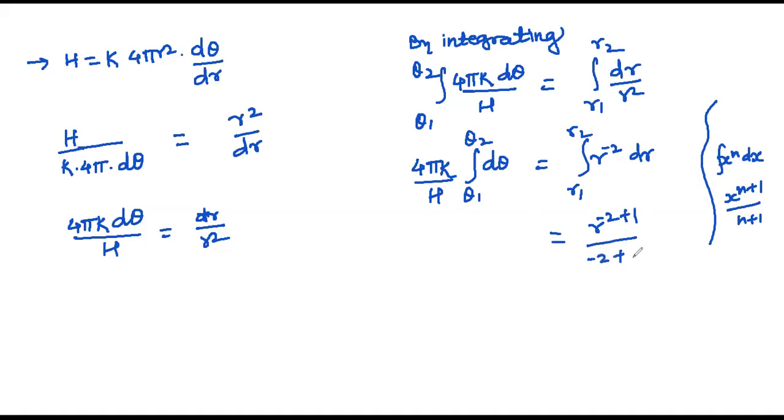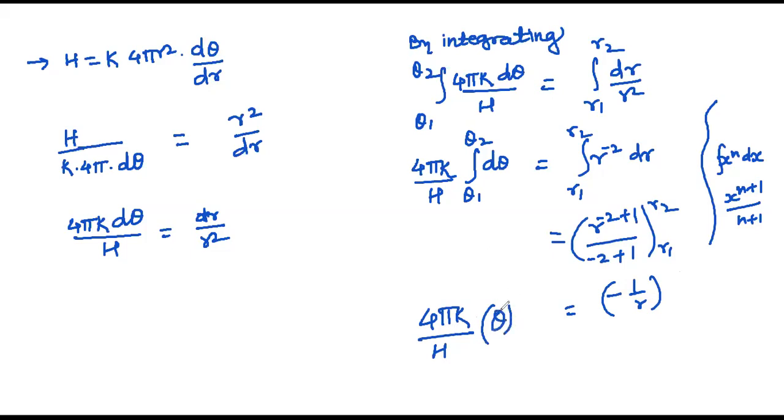So you are getting minus 1 by r this side, and limits are r1 to r2. Here, 4 pi k by h into, directly what you are getting, theta. D theta integration is theta 1 to theta 2. Okay, and here it is r1 to r2. Clear? Note down fast. Yes. Next.